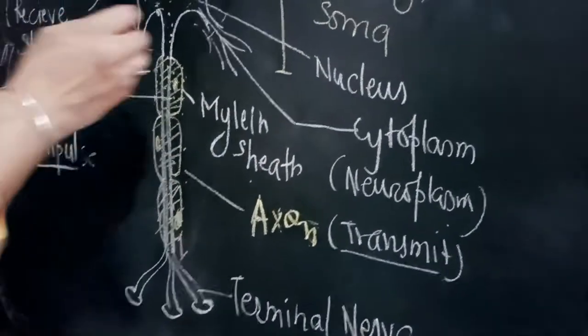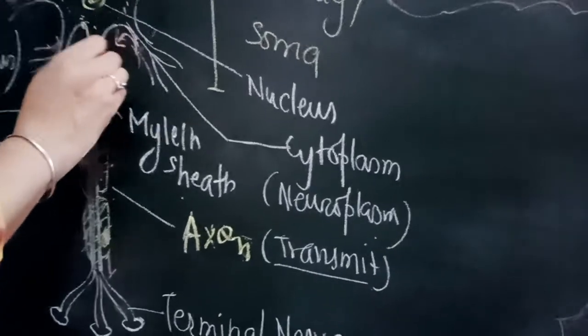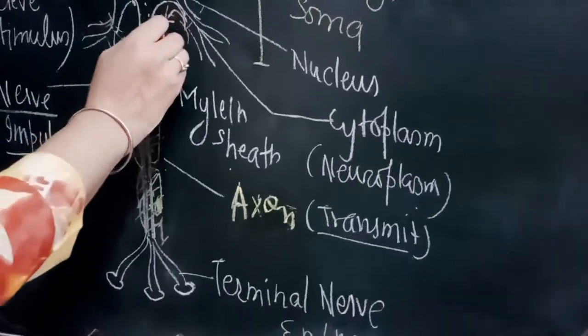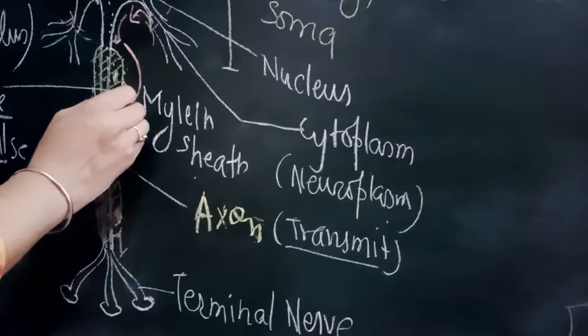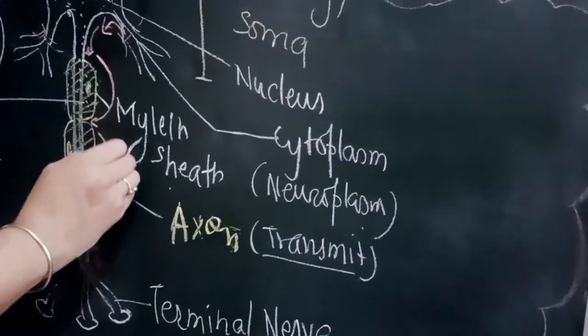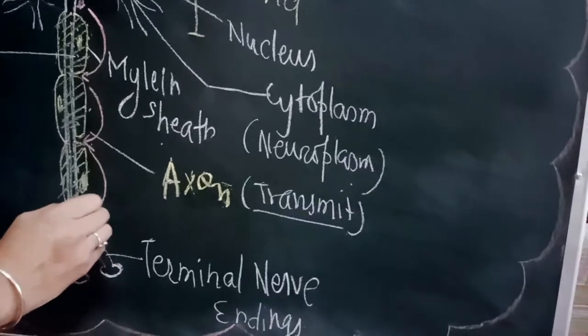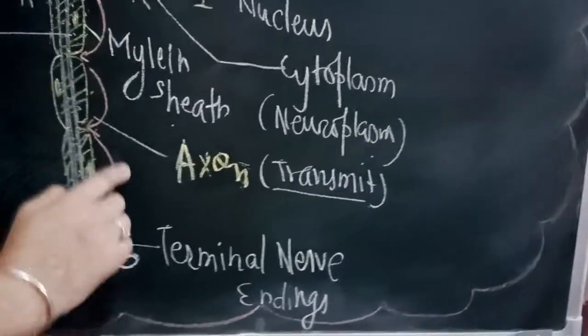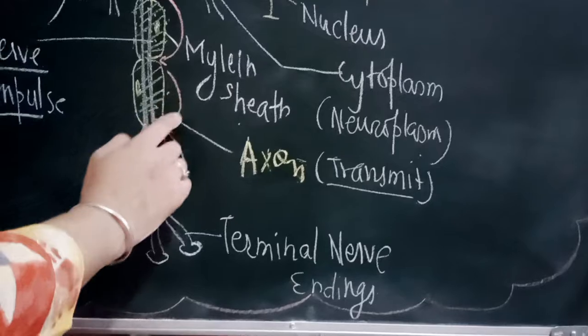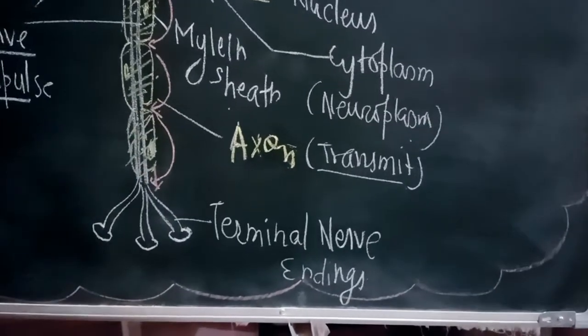So whenever the nerve impulse comes from the upper side, it passes to this part of the axon and then jumps and passes to this point, then again jumps and passes to this point. So in this jumping mechanism, the rate of transmission of the nerve impulse becomes faster.